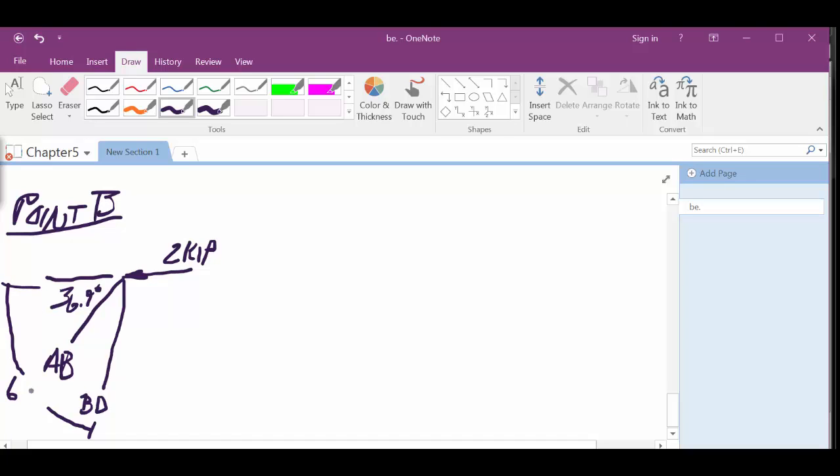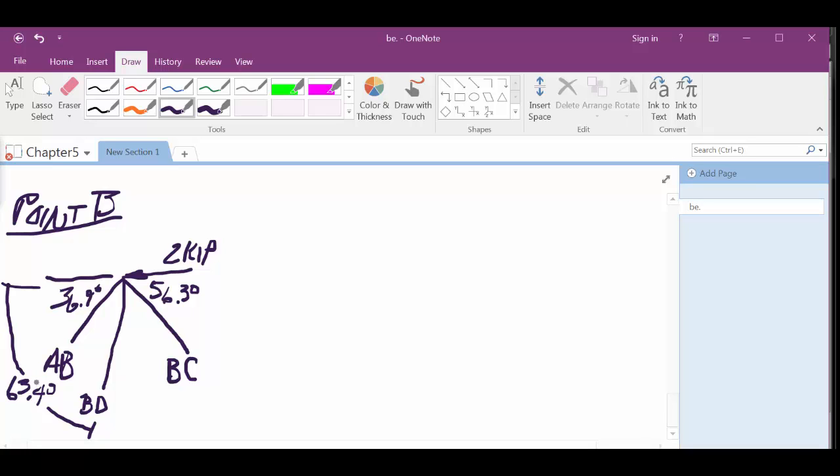Was that 63.4 degrees? Then I have another member going this way, which is BC. And that angle was 56.3. And those are all relative to the x-axis, just like we've always been doing.